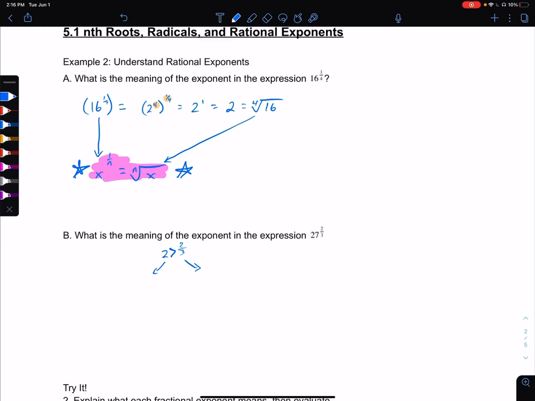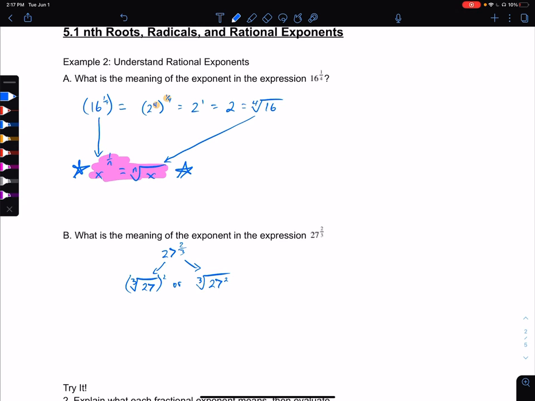I can take that denominator, the 3, and say that this is the 3rd root of 27 raised to the 2nd power, or I can say it's the 3rd root of 27 with that square on the inside. Both of these are the same.